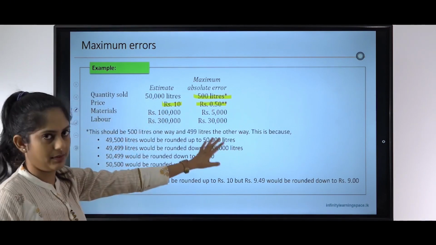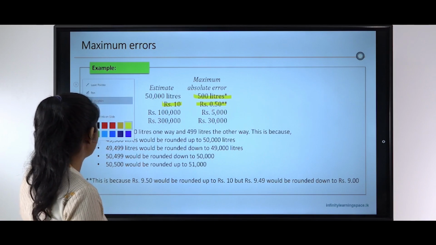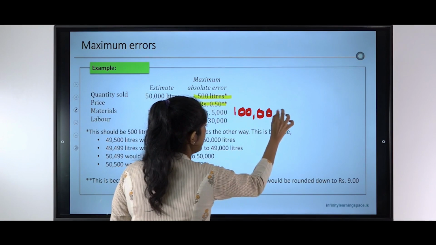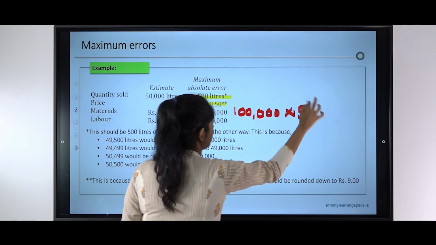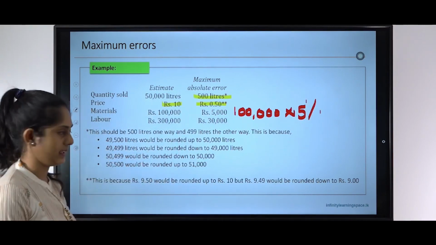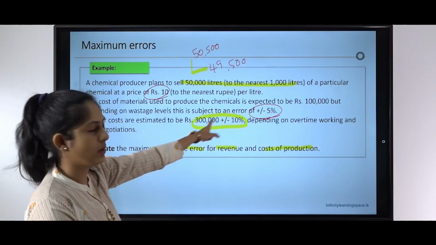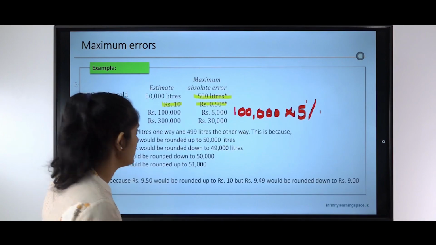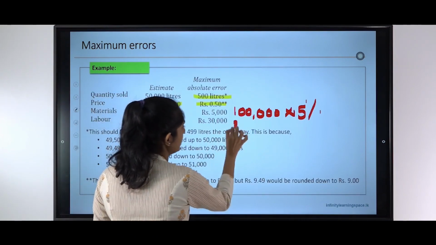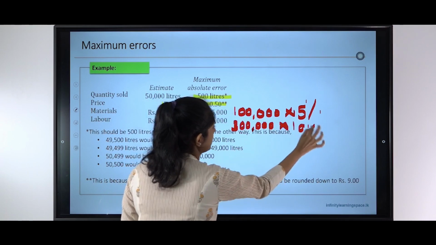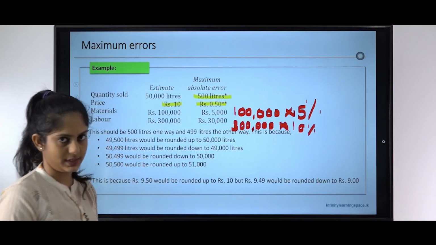Material 5% difference. So how do you calculate the value? 100,000 into 5% gives you 5,000. Labor, they said 300,000 can have a 10% difference. So that is 300,000 into 10%, which is 30,000.